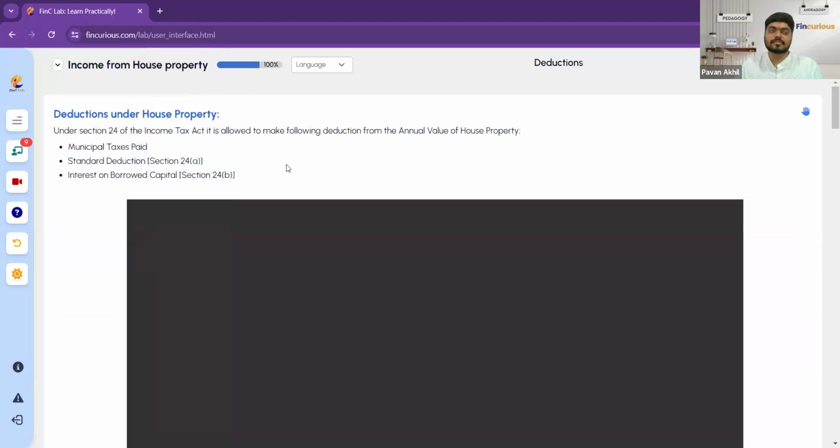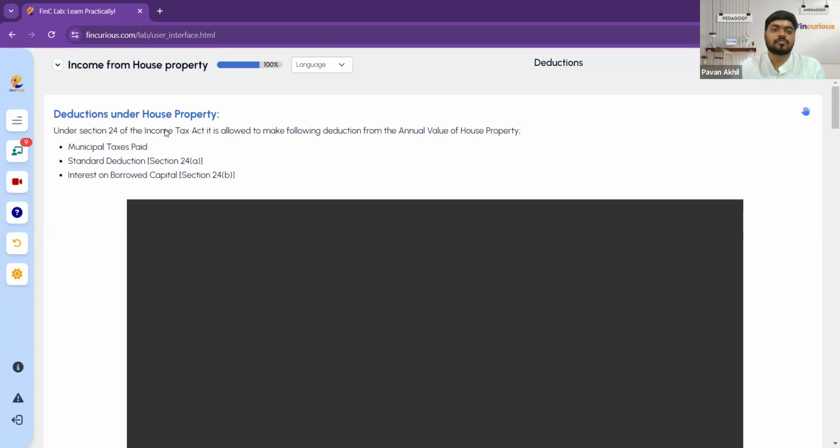What are these deductions? As I told you earlier in the method of computation statement: gross annual value minus municipal taxes paid gives you net annual value, minus standard deduction 30% under section 24A, minus interest on borrowed capital under 24B. We would be talking about how those deductions will be made under section 24 basically.